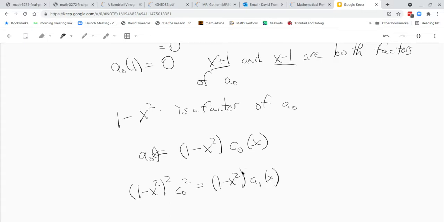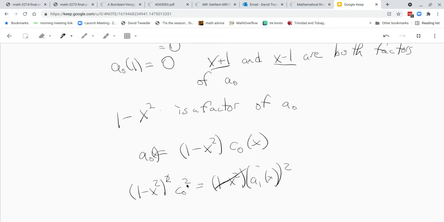And now we cancel. Now we have the same equation, except before we had a0 and a1, now we have c0 and a1. So again, 1 minus x squared has to be a factor of a1.